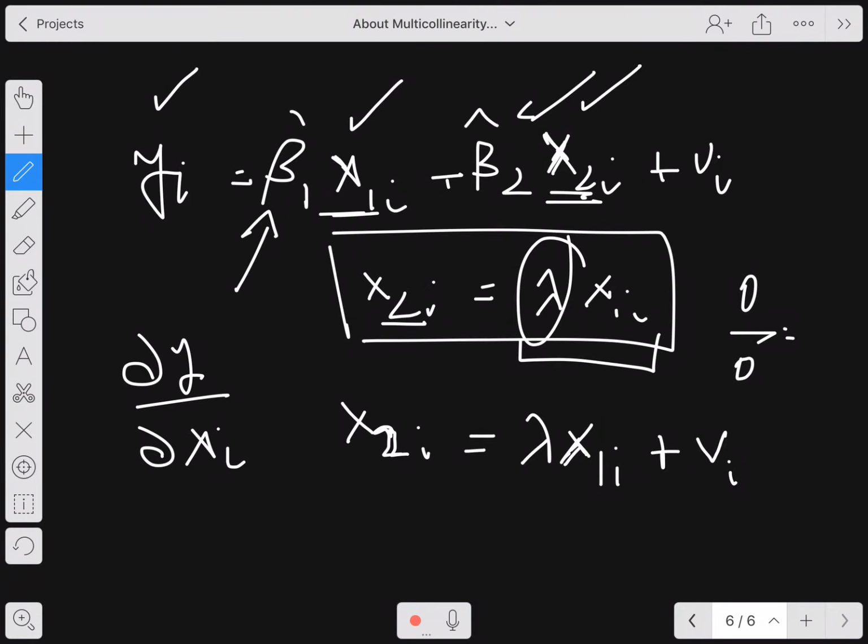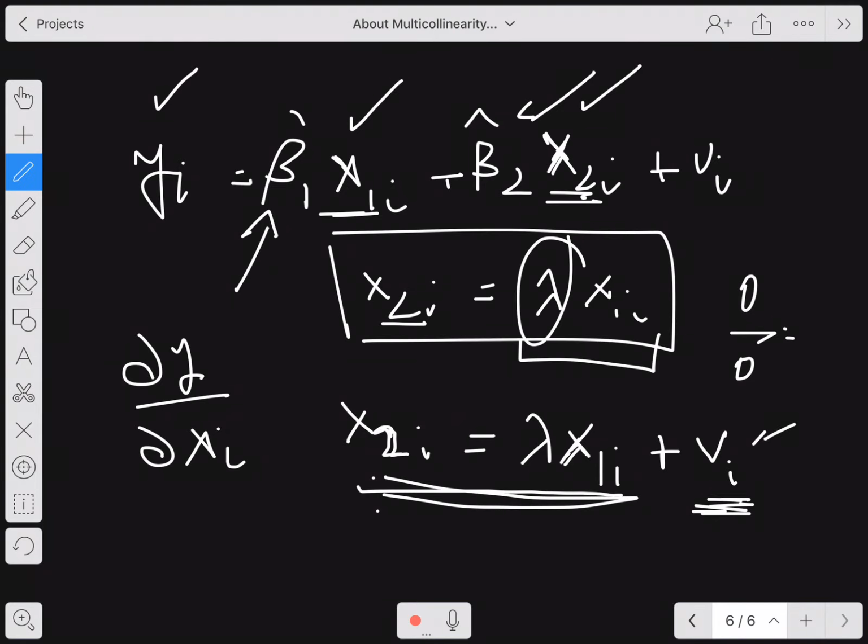In this situation I cannot say I have perfect collinearity. If I stop before the disturbance term, I would say perfect collinearity, but if I add it, the presence of this error term dilutes the perfect collinearity between x1i and x2i.